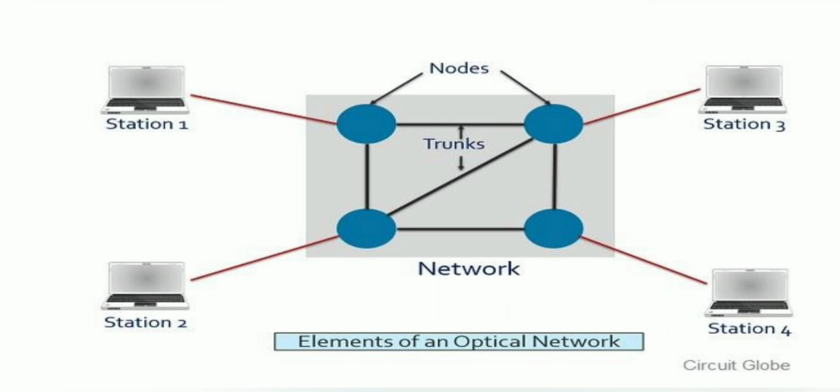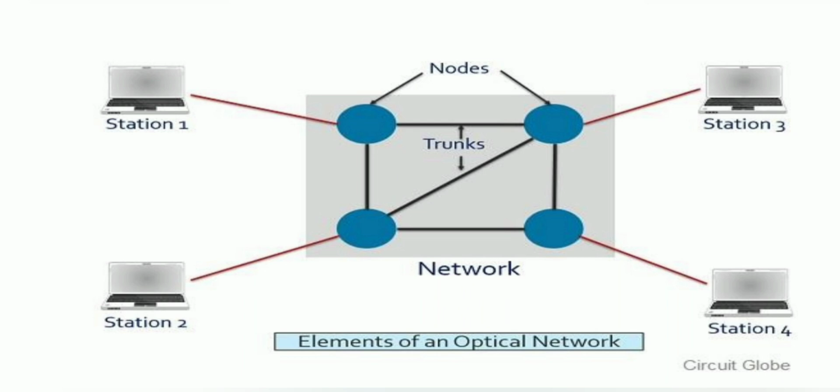A trunk is basically a transmission line, for example, an optical fiber cable, used to transmit the optical signal. A network is composed of one or multiple trunks for signal transmission over large distances.